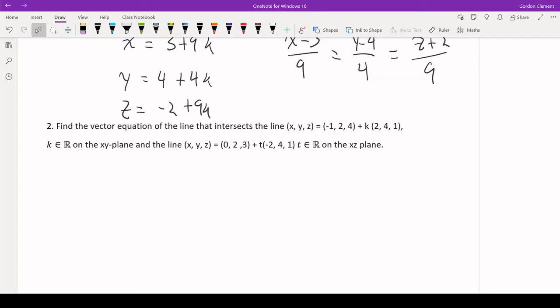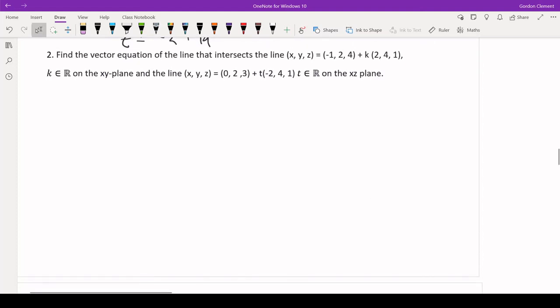Okay, find the vector equation of the line that intersects the line blah on the xy plane and intersects the line blah on the xz plane. So we're basically being told, I think I was normally drawing them like this. So we've got two lines involved. One of them, we're going to be worried about the xy plane.